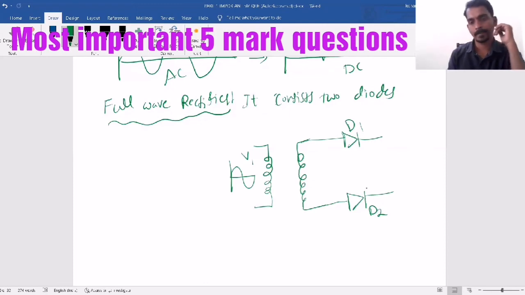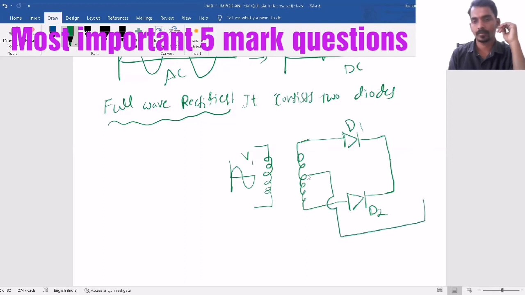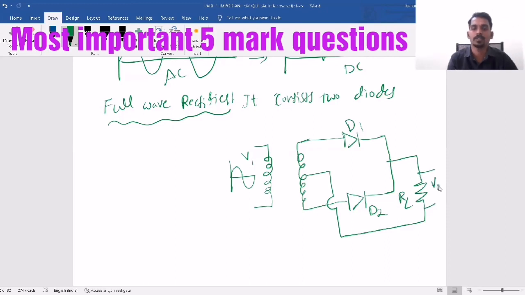Now you can connect in this way. Now this is our load resistor, across which we have to collect the output.